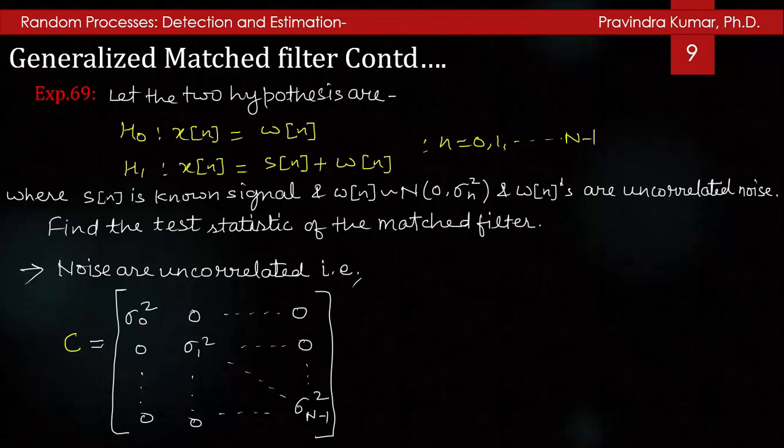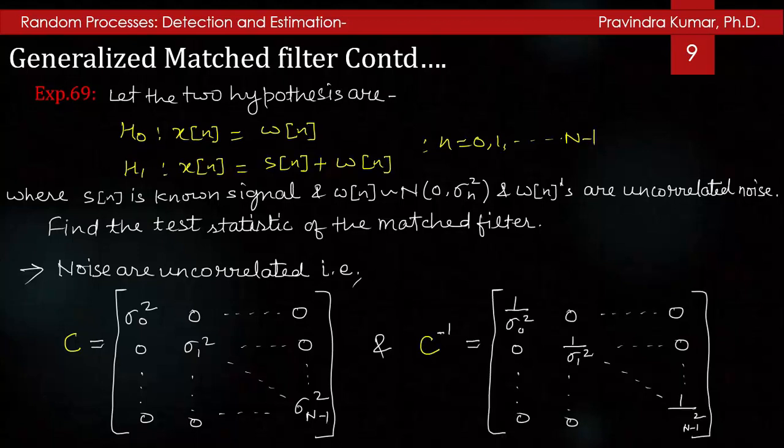So we will have the sigma squares on the diagonal because they are uncorrelated, and the inverse of the covariance matrix will simply be the diagonal matrix with 1 by sigma naught square, 1 by sigma 1 square, up to 1 by sigma N minus 1 square. So on the diagonal we will have the inverse values.